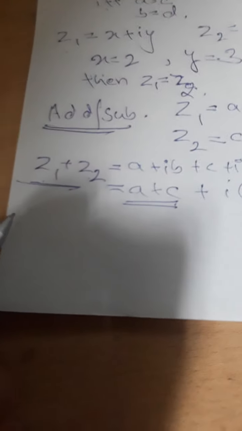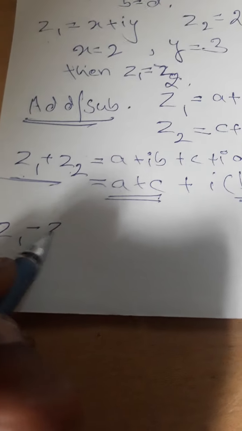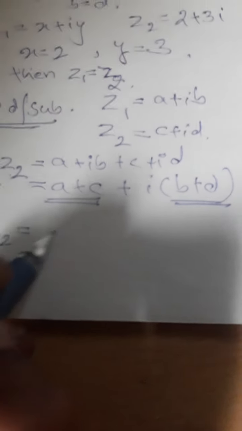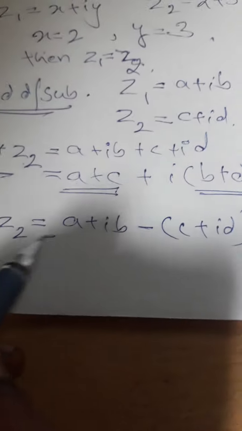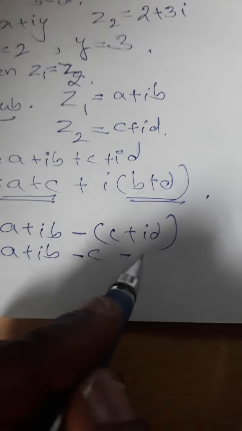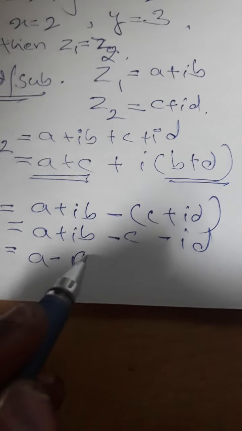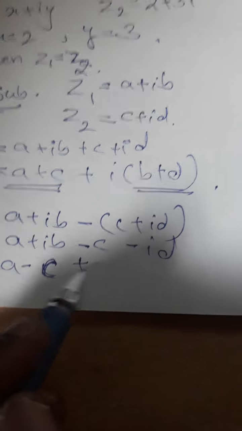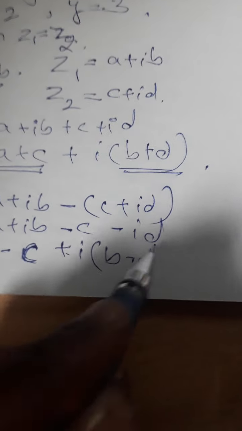Similarly, now subtraction. z1 minus z2 is equal to a plus ib minus of c plus id. So this will be a plus ib minus c minus id. So this is a minus c plus i into b minus d.